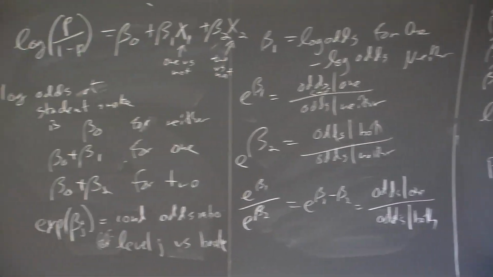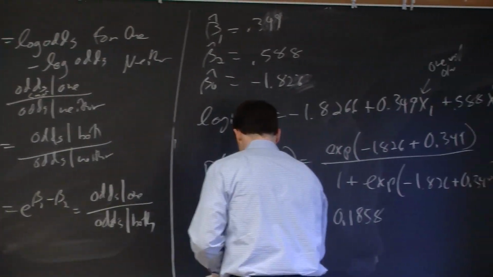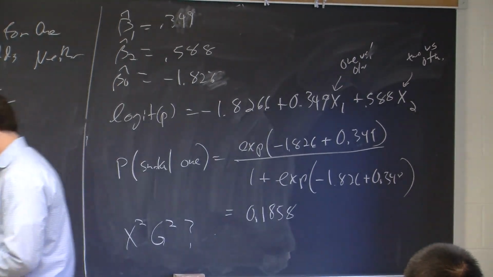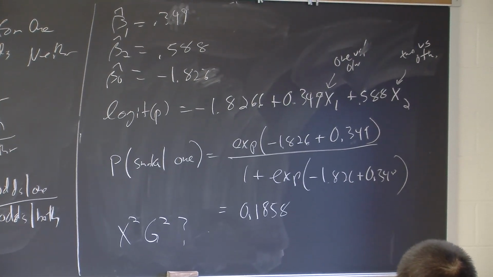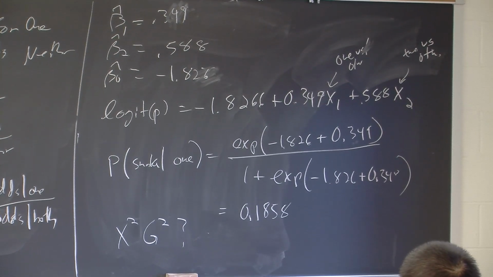So can you tell me what the G squared or X squared would be? Hint: if I ask you to compute something like that in your head, it must be an easy answer, right?